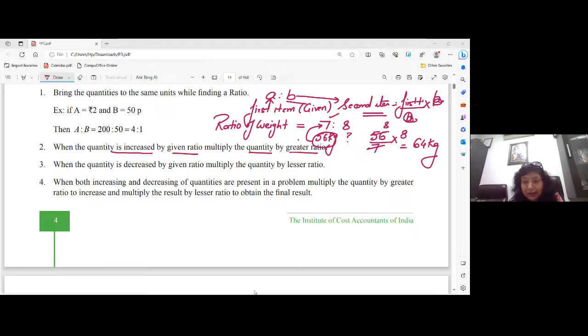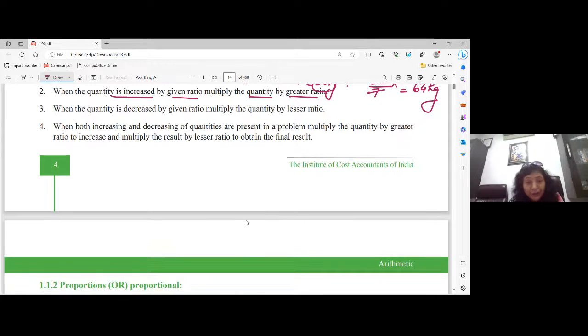Next thing, Richa, that is related to this. I have already told you, suppose you have been given any ratio. If we multiply or divide by any constant, then there will be no change.